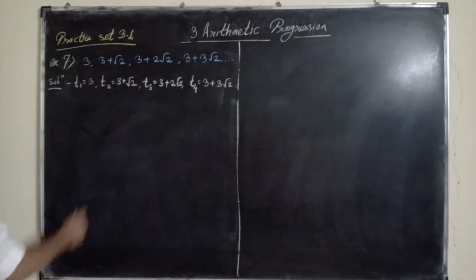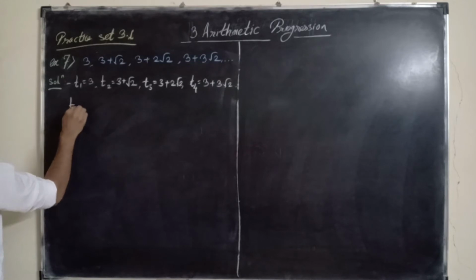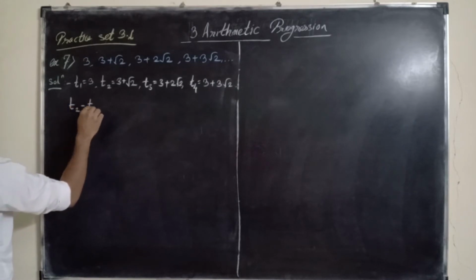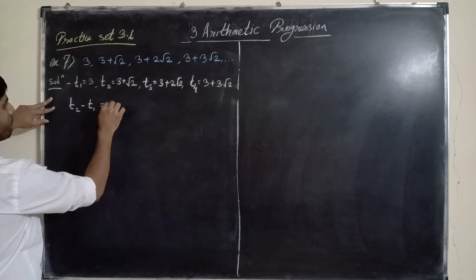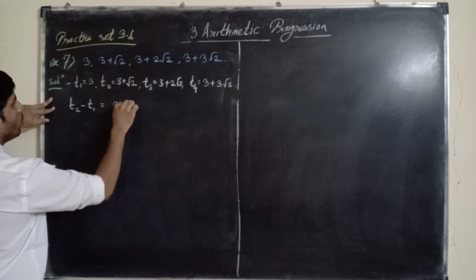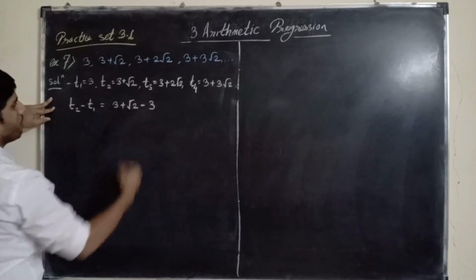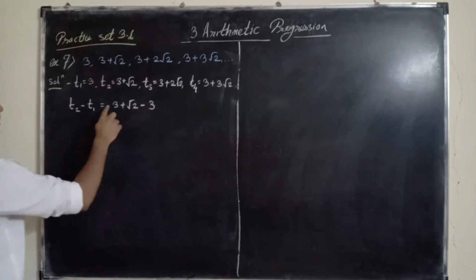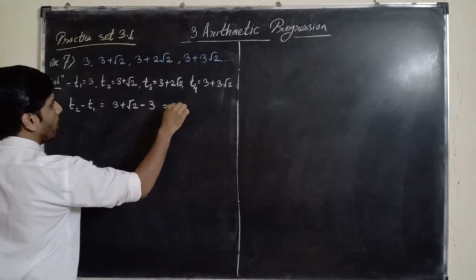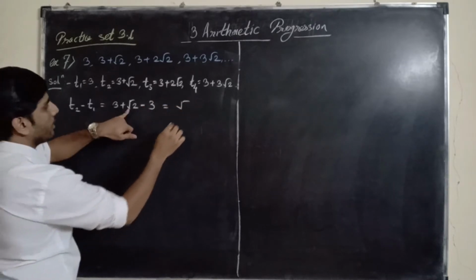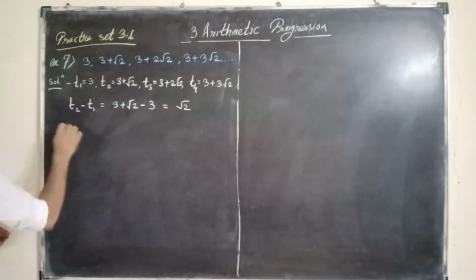Now to check the common difference, we will take subtraction. First we will find T2 minus T1, that is 3 plus root 2 minus 3. Here 3 minus 3 will become 0 and the common difference will remain, that is root 2 only.